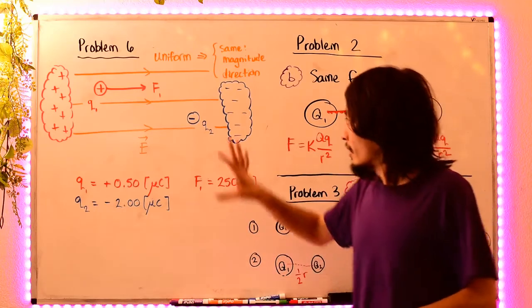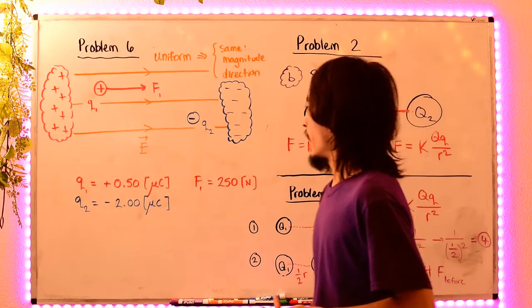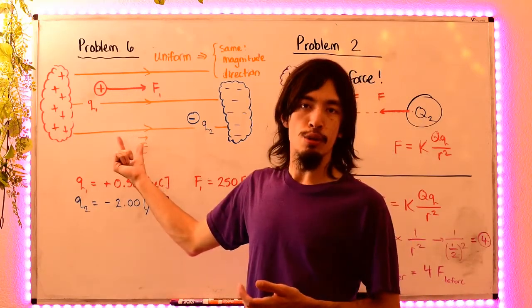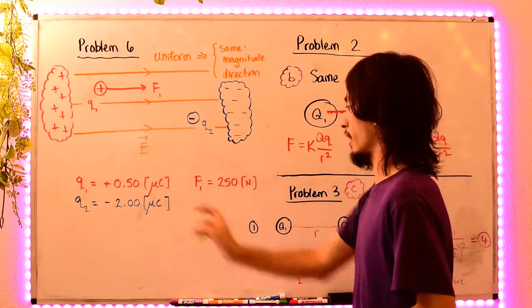Now, that solves the issue with the direction of the electric field. But now to get the magnitude or the strength of that electric field, I need an equation that involves the stuff that I know.